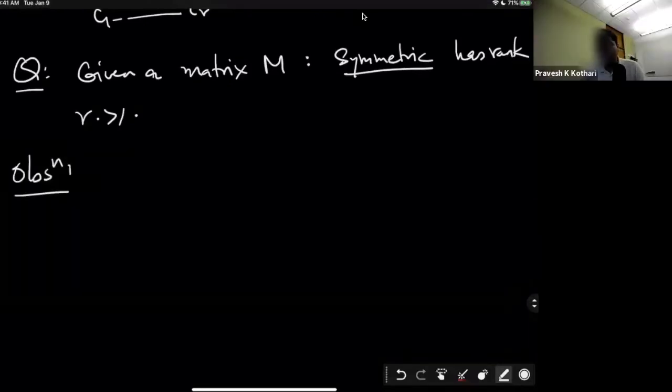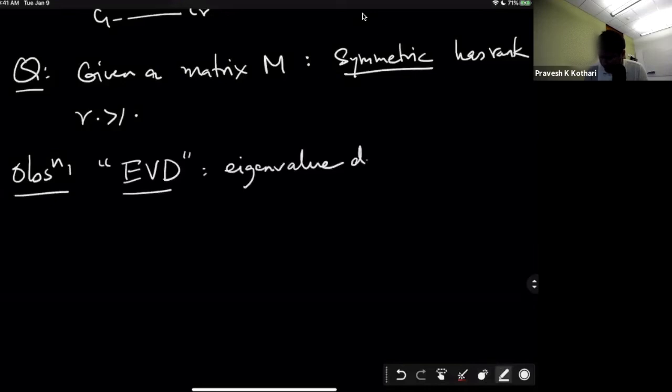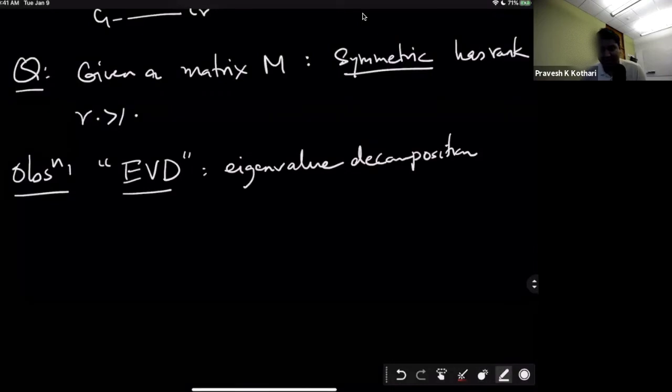Suppose I don't just look for any decomposition. I care about a special kind of rank 1 decomposition, namely eigenvalue decomposition. So this is a special kind of decomposition.